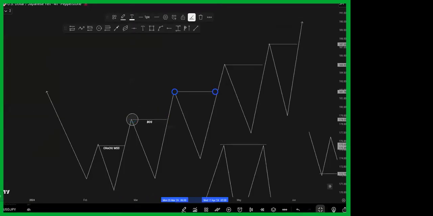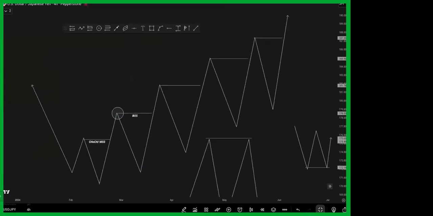So just like that, this first one is our break of structure. This second one is a break of structure, break of structure, break of structure, until the market decides to change trend again.